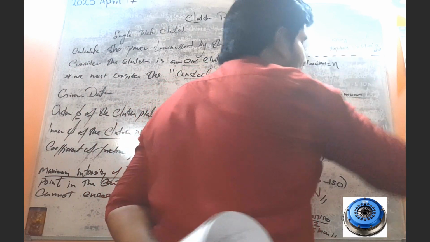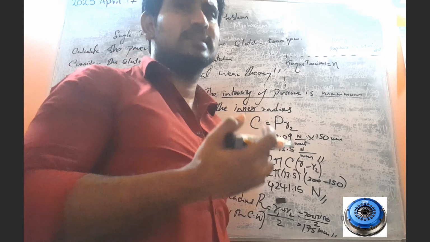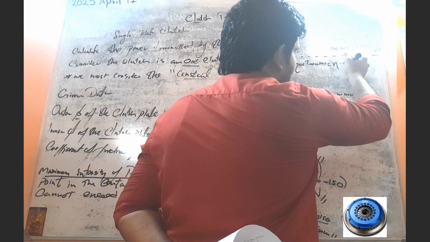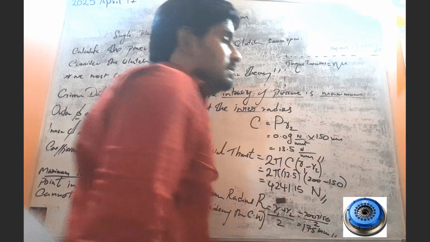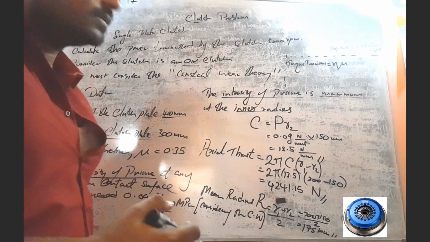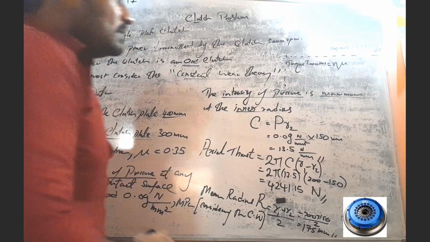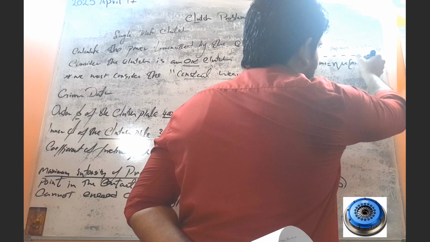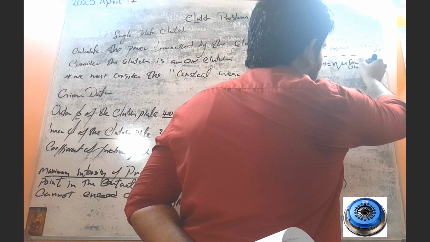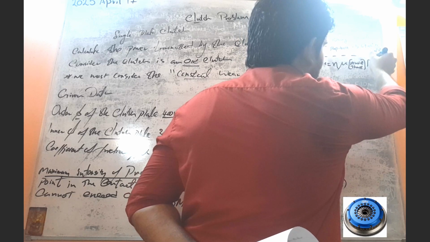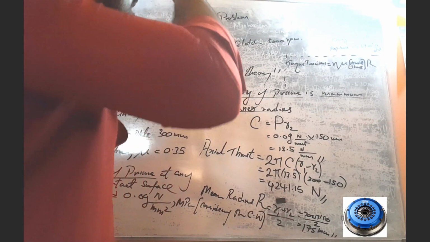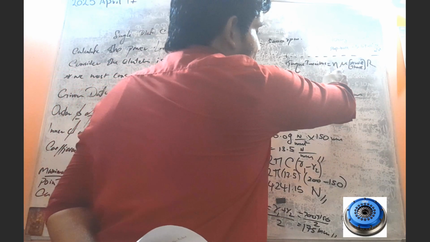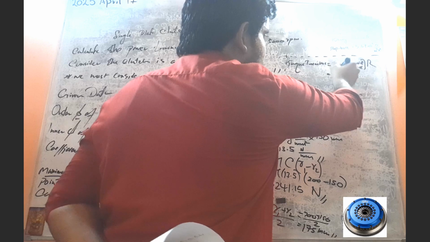It is n times mu times axial thrust times the mean radius, where n is the number of effective sides. That is, the number of effective sides times the coefficient of friction times the axial thrust times the mean radius.